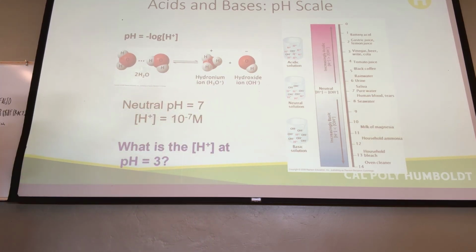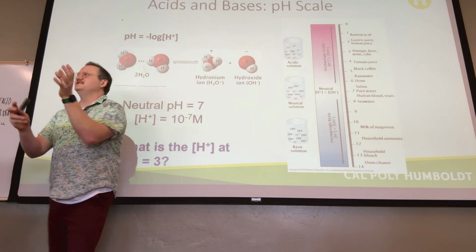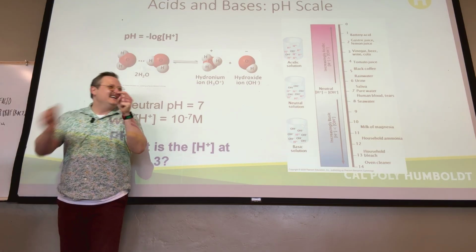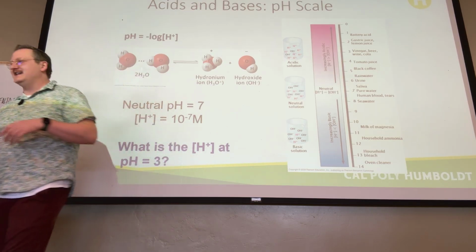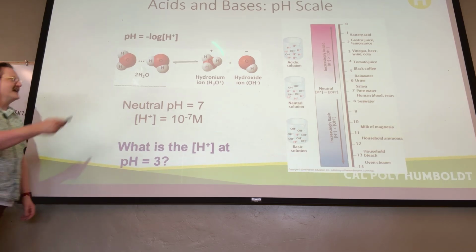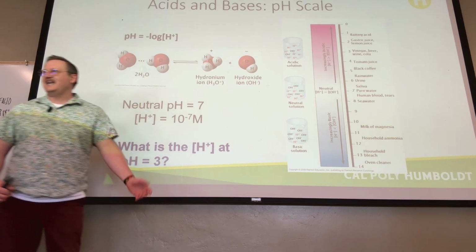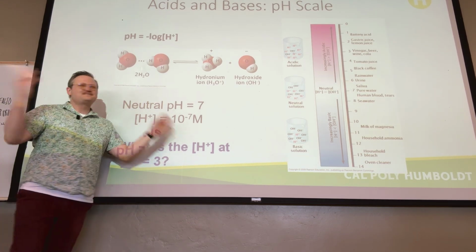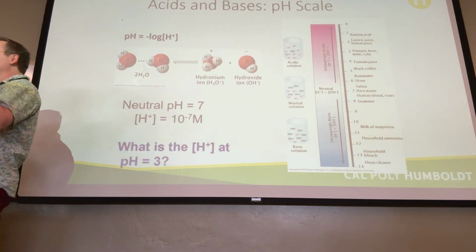So water exists in this weird state. Even in pure water, water's doing stuff, all right? It's dissociating into hydrogen and hydroxide ions. That hydrogen ion forms hydronium sometimes, which is H3O. It's all wild.